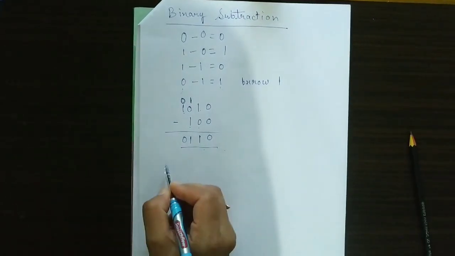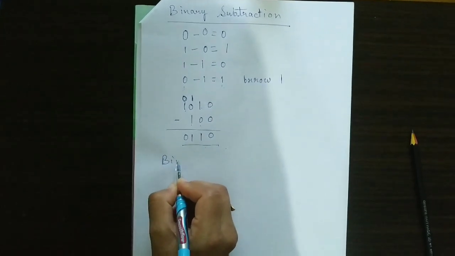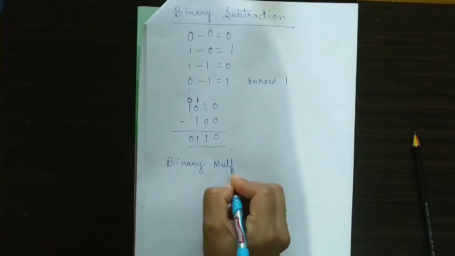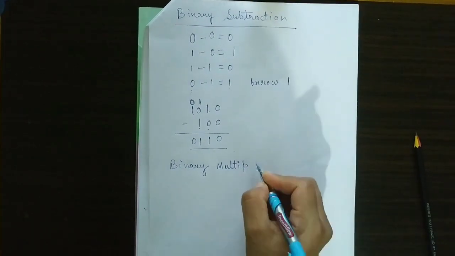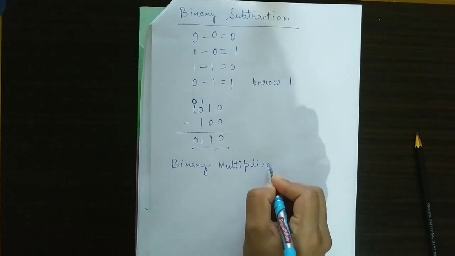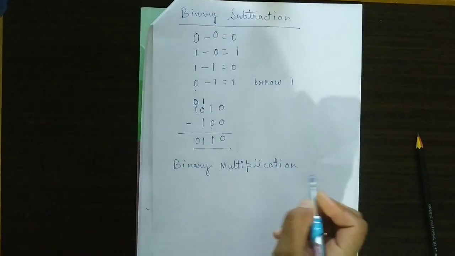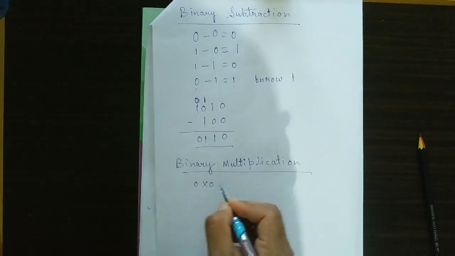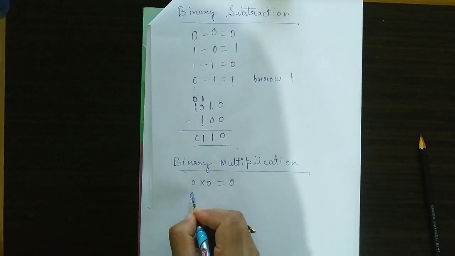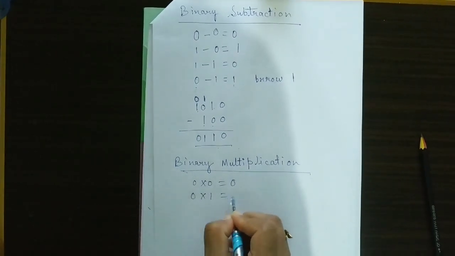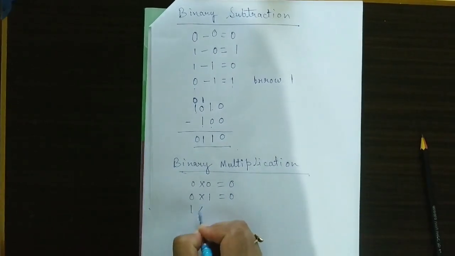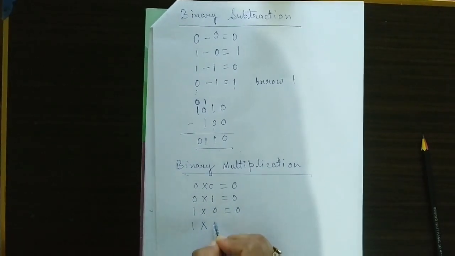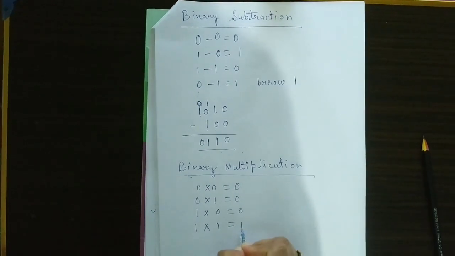Next is binary multiplication. It is the same as you multiply in mathematics. Here 0 into 0 is 0, 0 into 1 is 0, 1 into 0 is also 0, and 1 into 1 is 1.